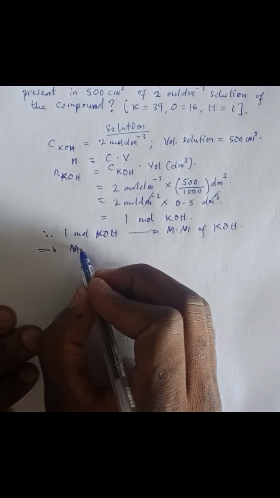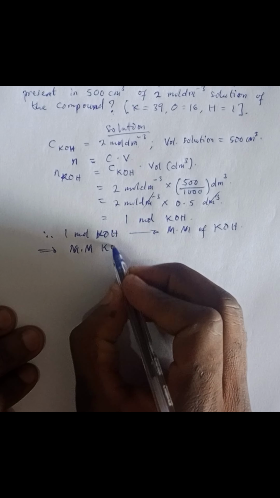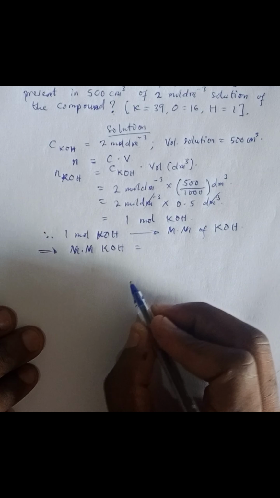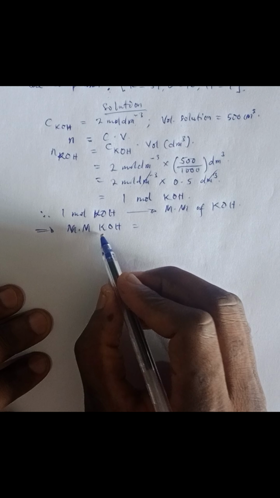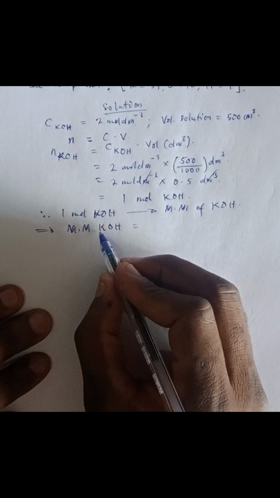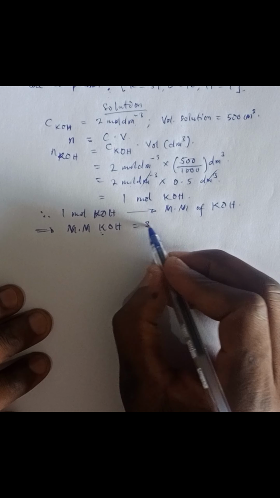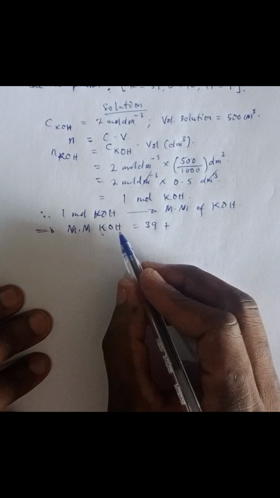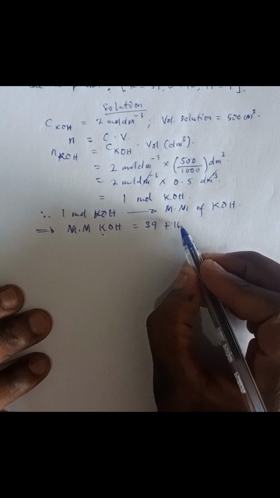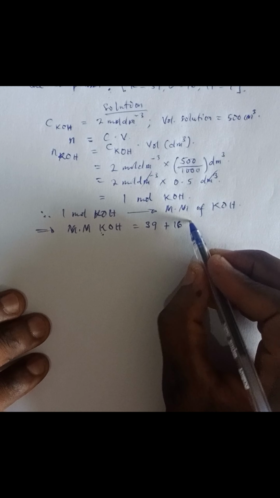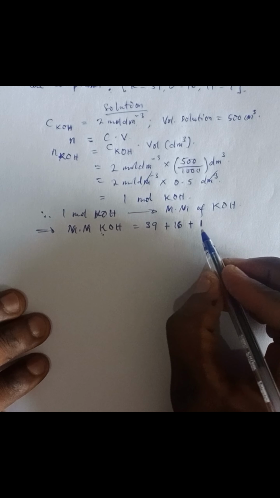Therefore, molar mass of potassium hydroxide will be equal to atomic mass of potassium, which is given as 39, plus the atomic mass of oxygen, which is 16, plus 1.